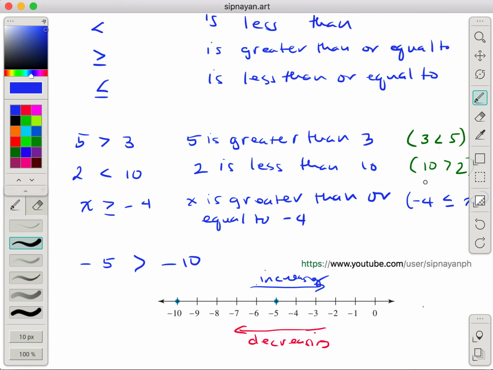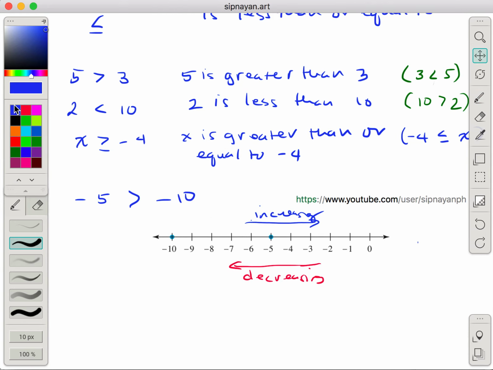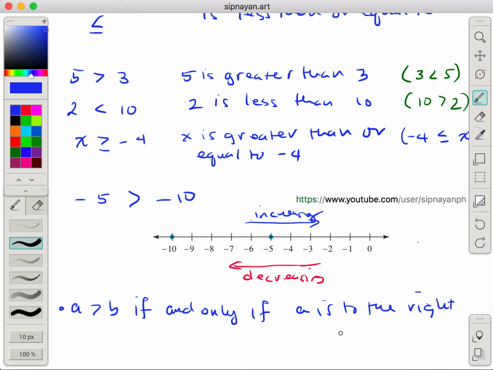So, in general, if we are on the number line, A is greater than B if and only if A is to the right of B on the number line.